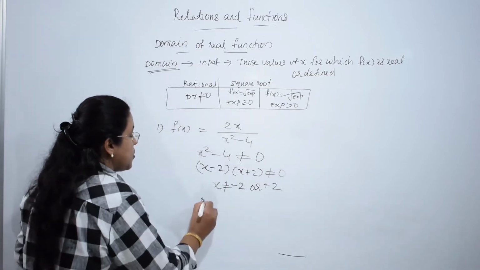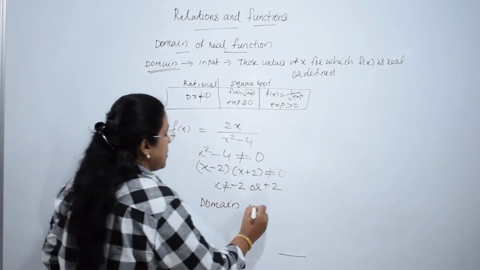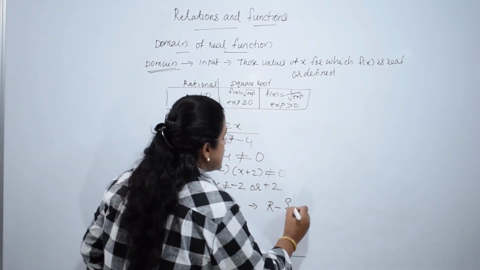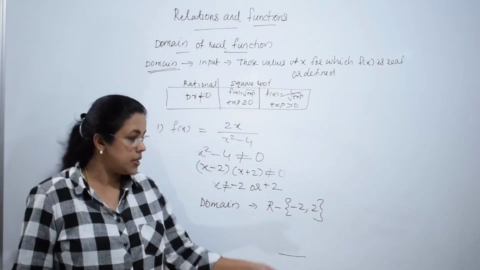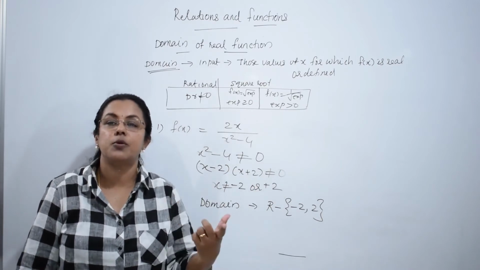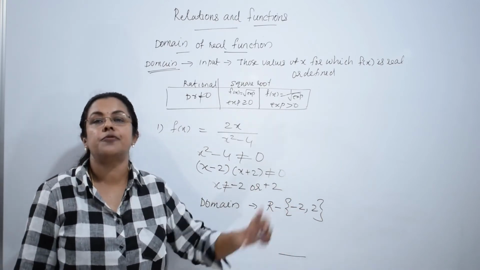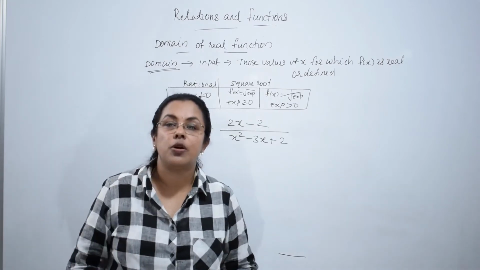So what is the domain? Therefore, the domain of this function is the set of real numbers minus 2 and plus 2. Because at minus 2 and plus 2 the function is not defined, we have to remove minus 2 and plus 2 from the set of real numbers. Okay?